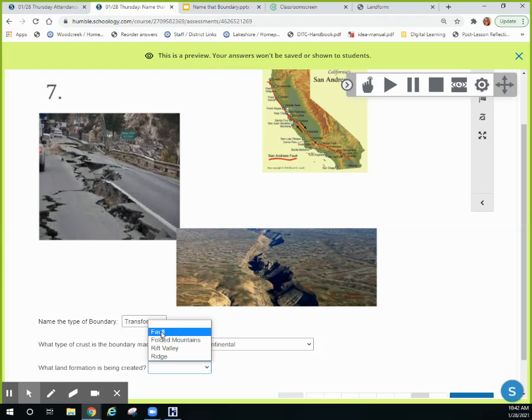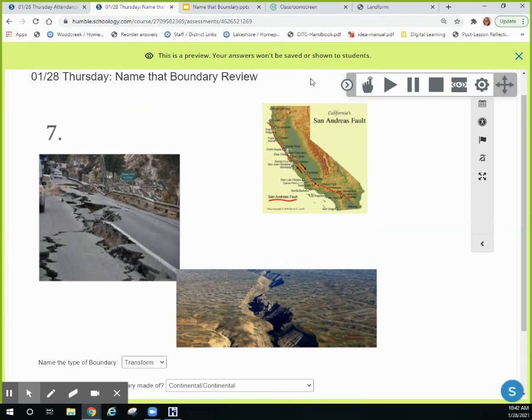So I'm going to say this is a fault. And the most famous one is the San Andreas Fault. So a fault happens at a transform boundary, and the one in California, San Andreas, is the example you need to think of. You can always think about the movie San Andreas and that being about a major earthquake to help you remember that this is a transform boundary.